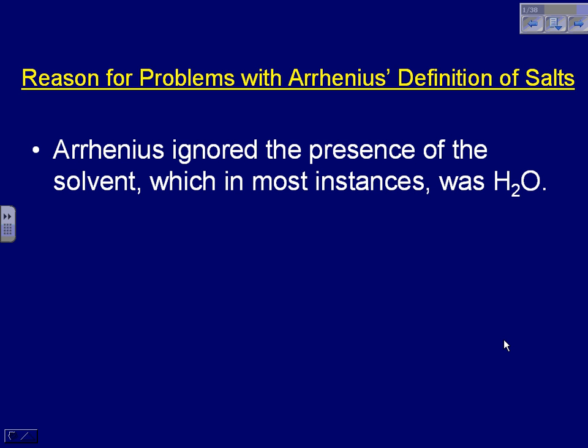So the water is just as important as the acid and the base itself. If we take into consideration the water molecules when we analyze an acid and a base, then we get what is expected in terms of observations. So we need to bring the water into this theory.